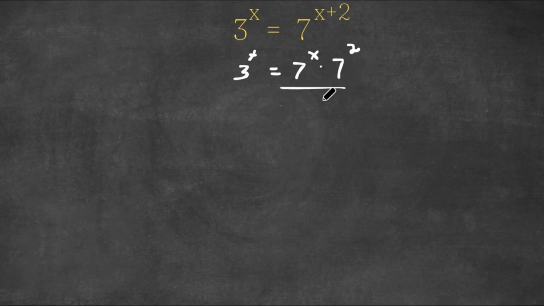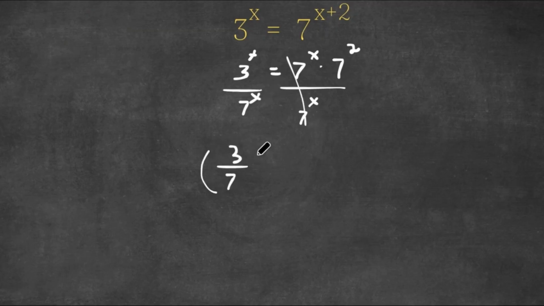Now I'm going to divide both sides by 7 to the power of x. So now these two cancel out, and I'm left with 3 over 7 to the power of x is equal to 7 squared, which is 49.